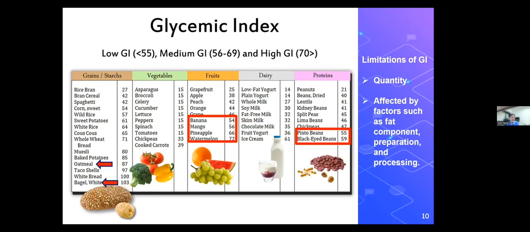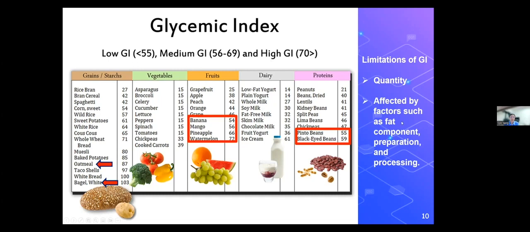Of course, GI is just one thing you need to understand. It has limitations, as you cannot rely only on GI for your dietary management. You still have to consider the quantity, how much you eat. Even for foods with lower GI, if you eat a lot, it will cause problems.